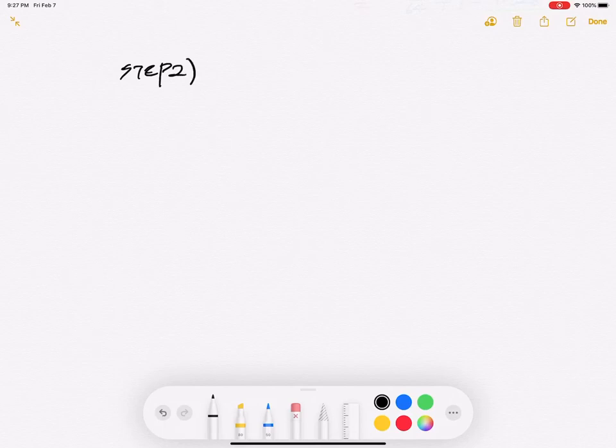N rectangles area. So I'm going to use the same pattern. For 4 rectangles, the area was 1 over 4, but this is 1 over n because there are n rectangles. 1 over n times 1 square plus 3 square plus 5 square plus 7 square if n is 4.